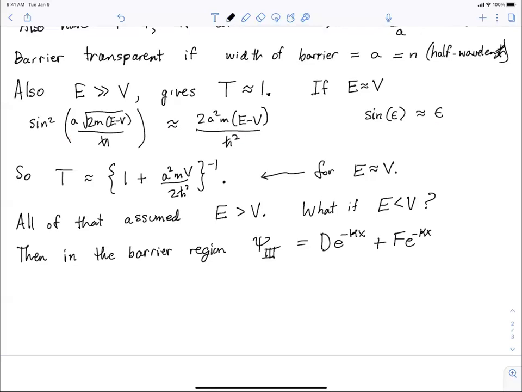All right. So going back to the case where the energy is less than the barrier height, we should write this down instead. When you solve the Schrodinger equation, kappa is equal to the square root of 2m (E minus V) over h bar. Basically all the algebra is going to be the same with one change.